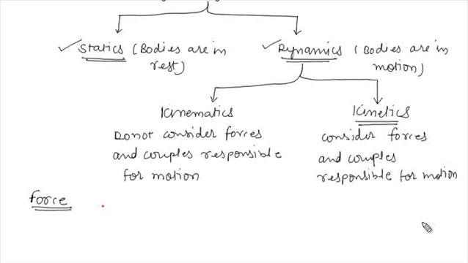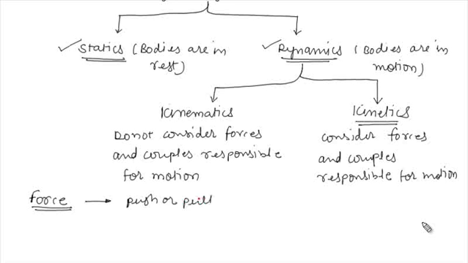We apply force on our door. We apply force to open the window. There are so many examples in our daily life where we use force. But how can we define force? In a general sense, we can say it is a push or pull.